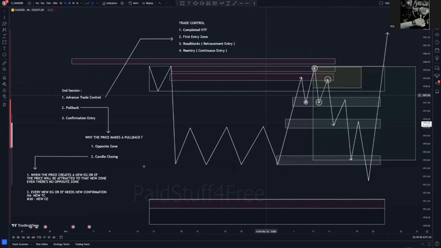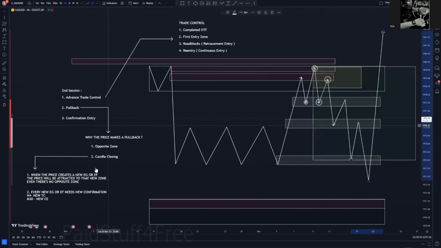So why does the price break through this H4 sell? Because every new EG or EF needs new confirmation. Talking about confirmation, it's not just about the confirmation entry, but the confirmation that the current market price needs to create. So H4 needs new TC.